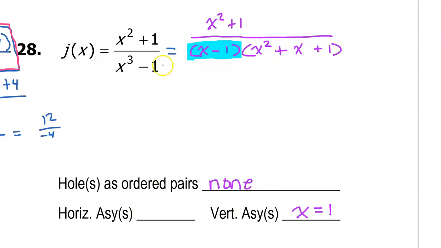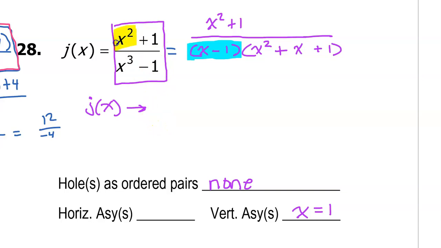For my horizontal asymptote, it's actually going to be easier for me if I use the original unfactored form, because I can think about what matters most. As x approaches infinity, j of x approaches whatever matters most.